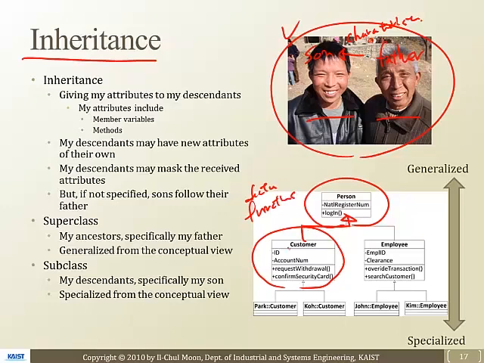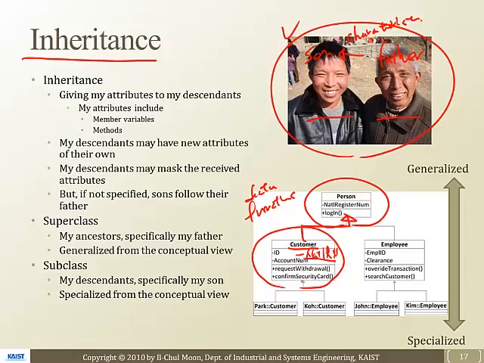Okay, that means that if customer inherits from person, customer, even though it doesn't specify here dash national registration number, should have a national registration number.